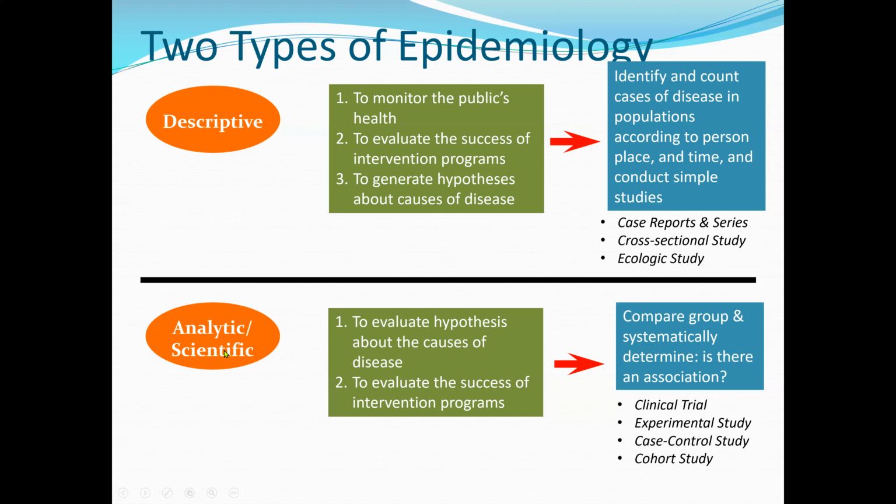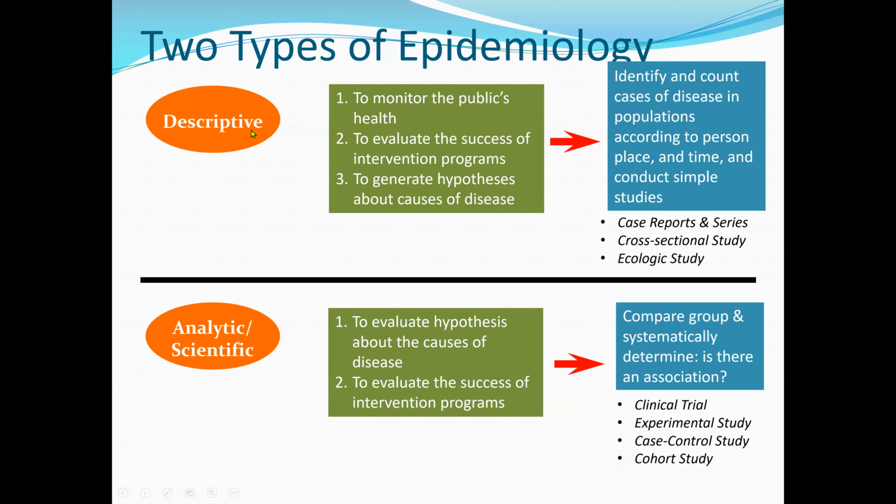So as we said, with the analytic or scientific, we are going to compare groups and systematically determine if there's a relationship or association between the exposure and the outcome. So with analytic, we need to evaluate the hypothesis about the causes of disease. That's the main goal.